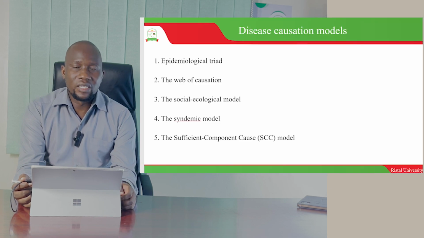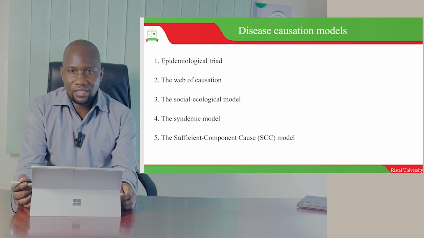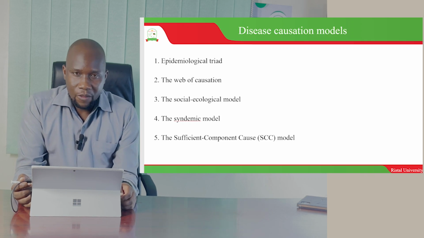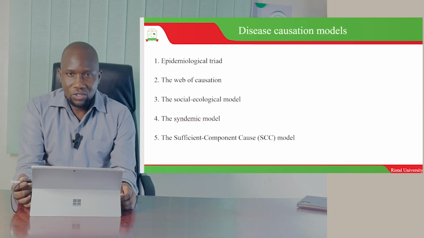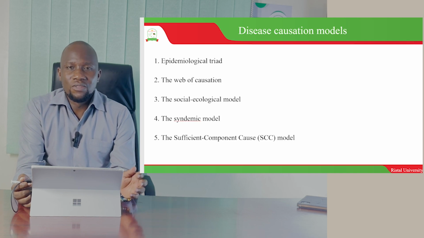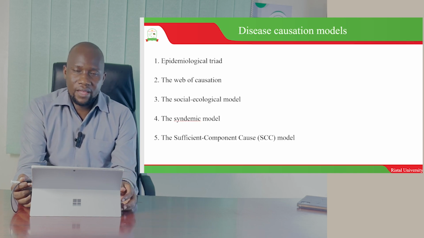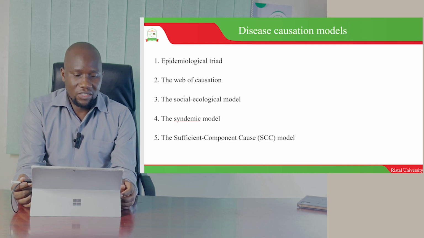Now let's go deeper into these models. Having understood how diseases can happen and what factors can contribute to these different diseases, from this discussion so far, we have noted that diseases cannot be caused by single factors. Okay, we will have different factors coming into play to influence the occurrence of particular diseases.